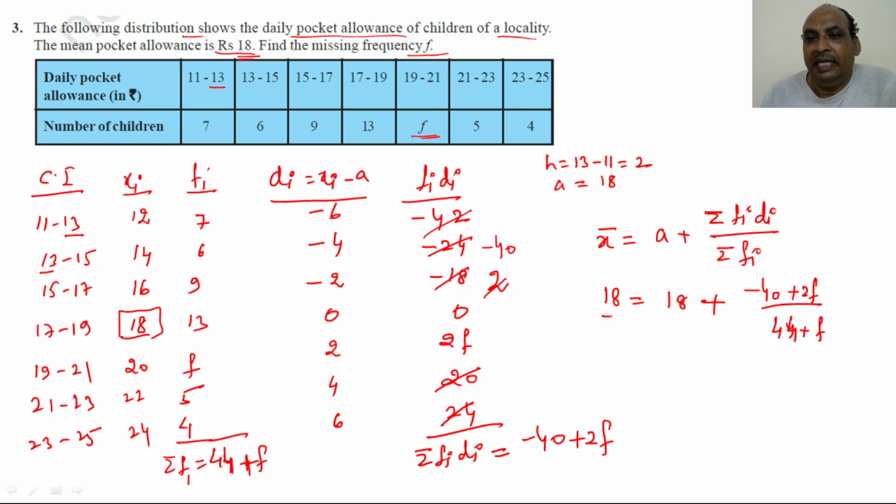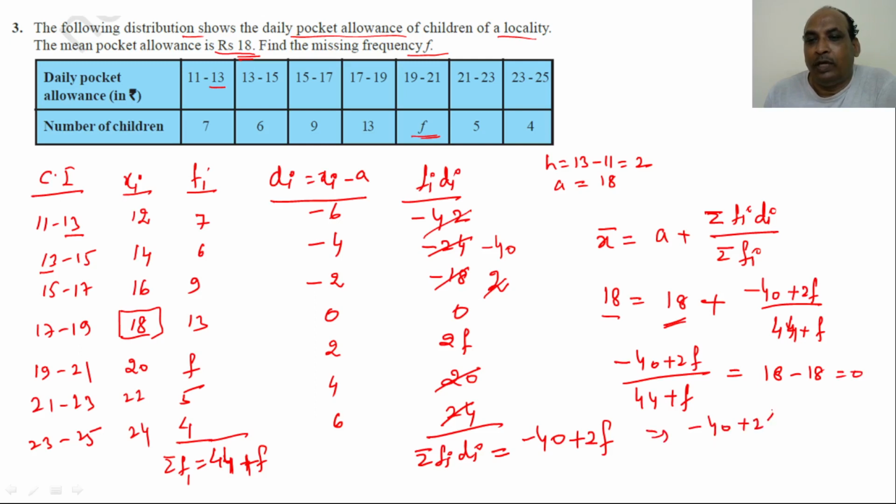See this 18 and this 18, when it comes to one side, it will become 0. So what will it be? Minus 40 plus 2f divided by 44 plus f is equal to 18 minus 18, which is equal to 0, okay. Thereby minus 40 plus 2f, because this denominator gets multiplied with 0, that will give us 0 only.